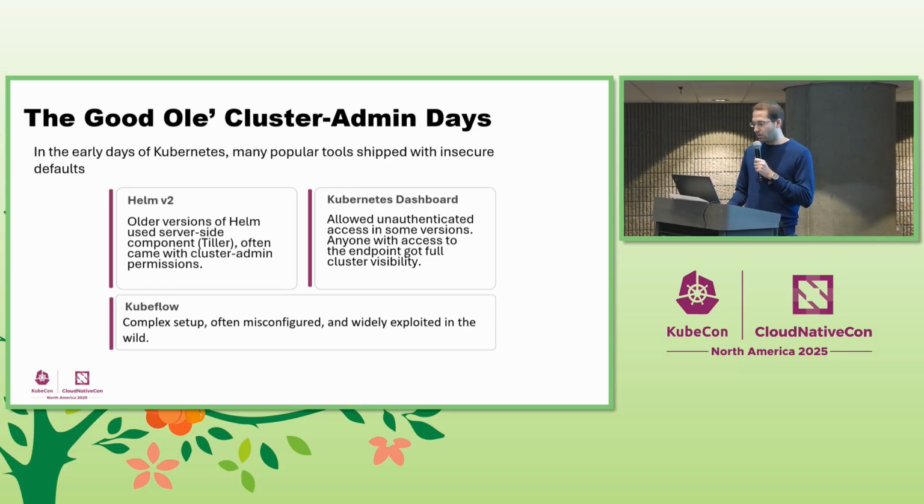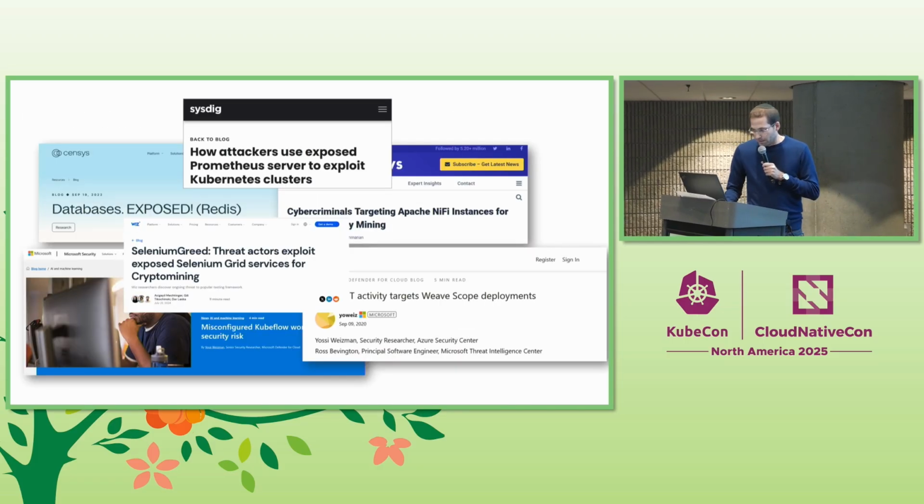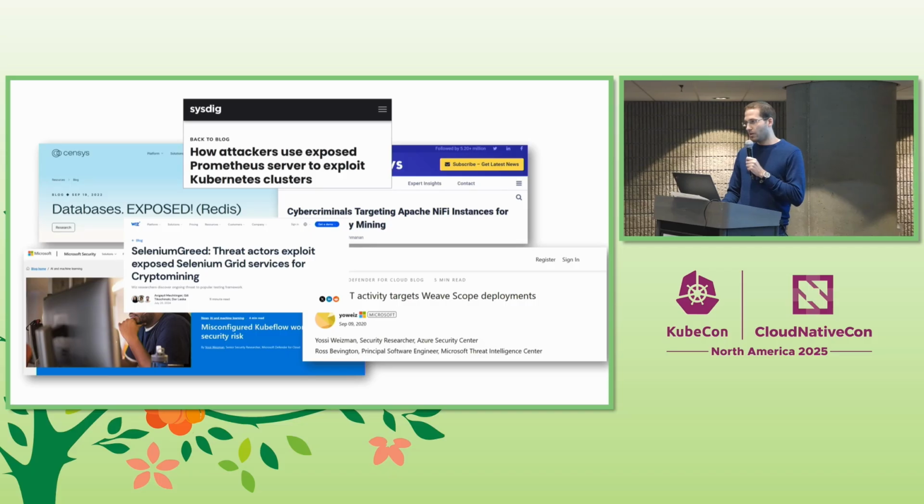What's common to all of those applications was that, on one hand, they operated with very high privileges, but on the other hand, they did not offer built-in authentication, and that's why workload owners were basically only one mistake from being compromised. And here are some screenshots of blogs and reports of active attacks that originate in misconfigurations.